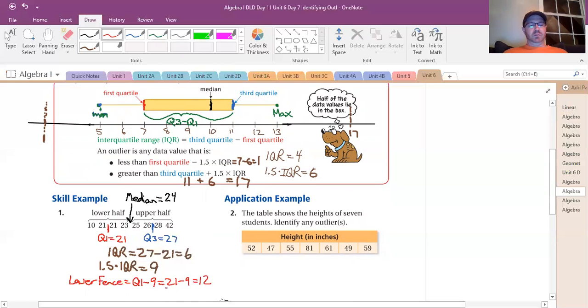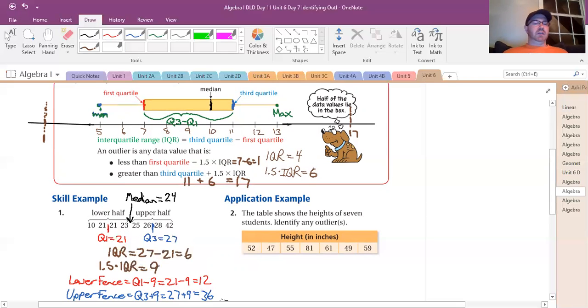Okay, 21 minus 9 is 12. For the upper fence, we're going to do Q3 plus 9. Well, Q3 is 27. 27 plus 9 is 36.